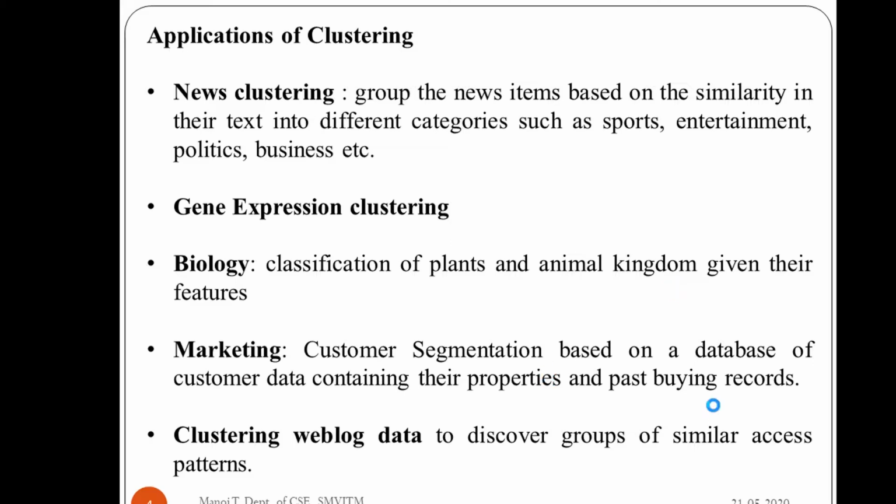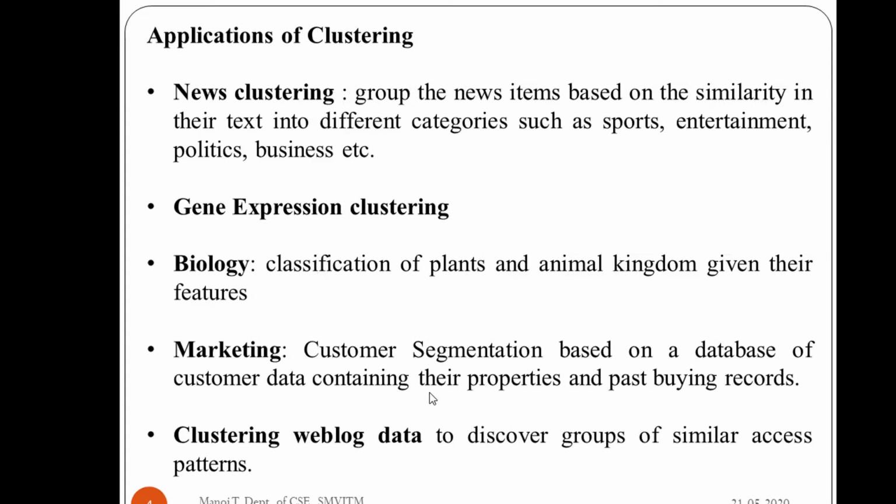Similarly, you can see gene expression clustering, where based on the characteristics of the genes you cluster them into different groups. In biology it can be used for classification of plants and animal kingdom given their features. In marketing, customer segmentation can be done based on customer purchase properties or past buying records.